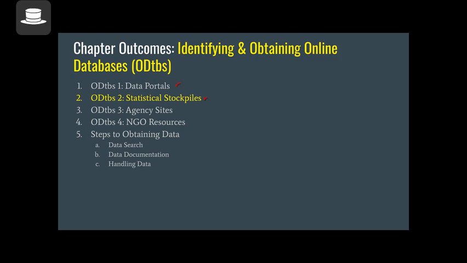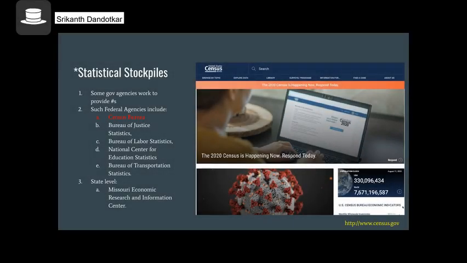So we'll talk about a few statistical stockpiles and see what kind of information you get from them in the next few slides. So in fact, some government agencies specifically work to provide statistical summaries, both at the federal level and at the state level.